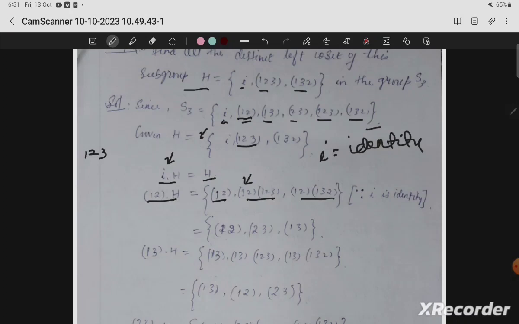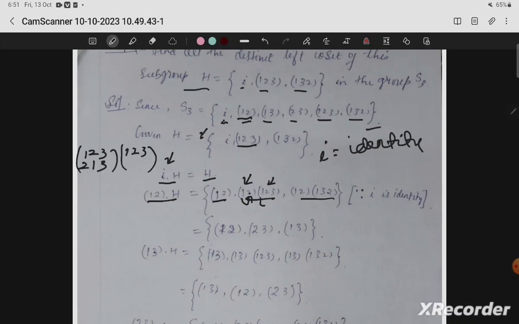We can write 1 is going to 2, and 2 is going to 1, and 3 we don't have, so this will give the same. Now the next is this one, 1 2 3.